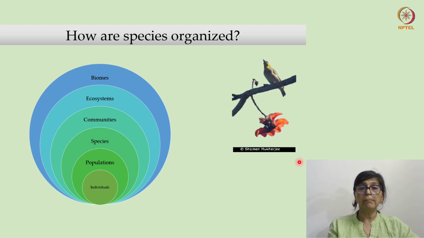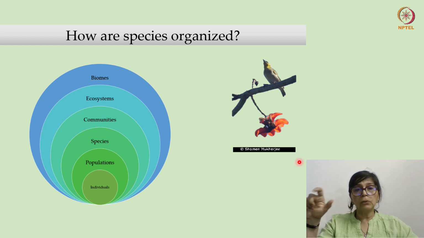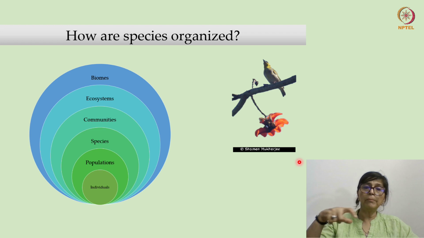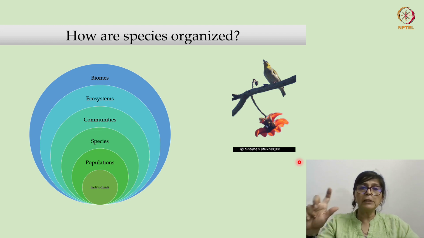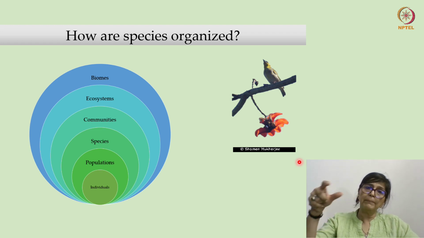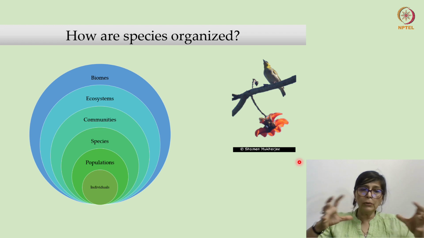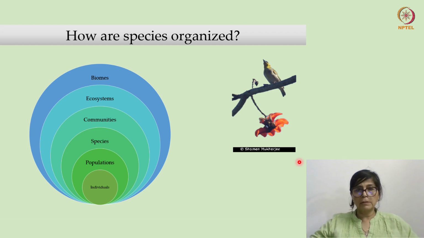Next stage would be the biomes. I'm sure you already know the definition of biomes. All the similar kinds of ecosystems over the globe form the biomes. For example, I can say forest biome, and that would mean a particular definition of forest, and wherever they are present around the globe, all those areas comprise the forest biome.